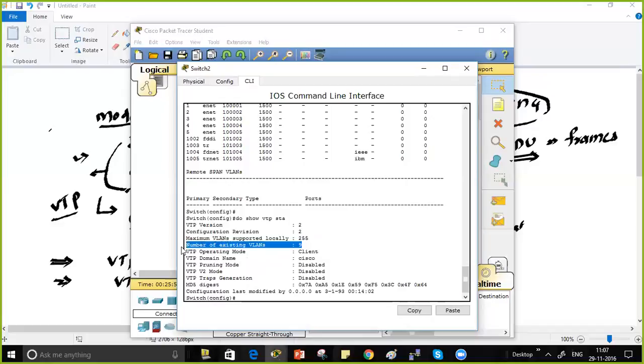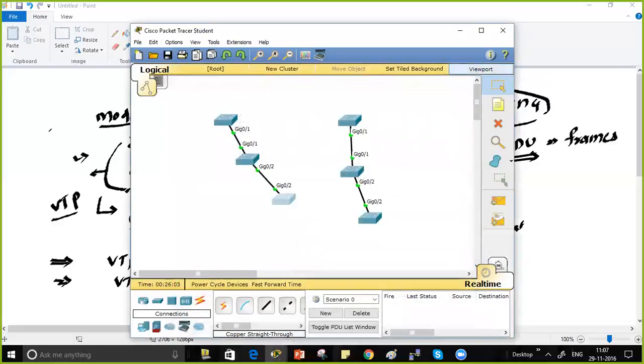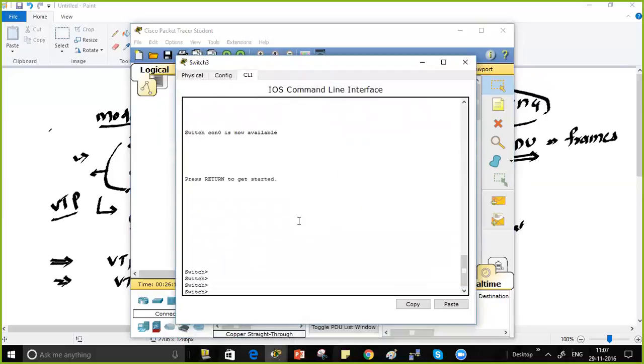Existing VLANs are 9 and the revision number is 2, right? I think you have some doubt here. That's why you are not able to understand, right? I thought you were not getting it properly. Show VLAN here.